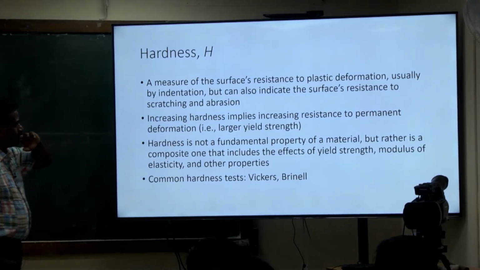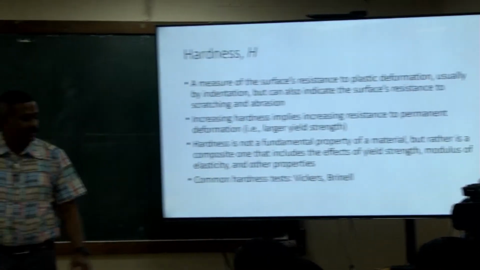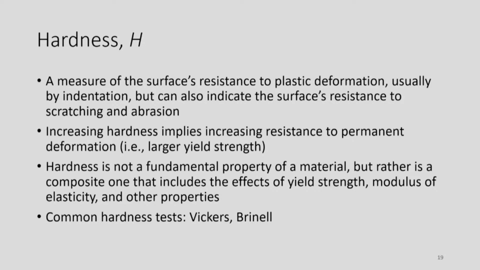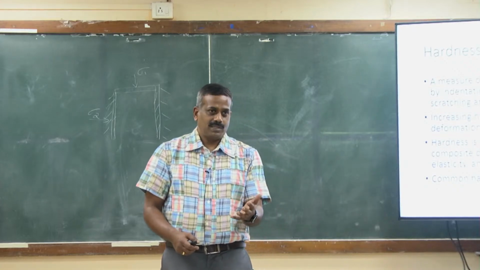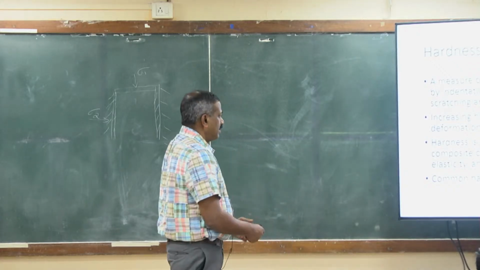Increasing hardness implies higher resistance to permanent damage, right? You might know some stone fruits, they are very resistant to cut or abrasive damage, right? But if the fruits are soft like grapes or apples, they easily get damaged, right?